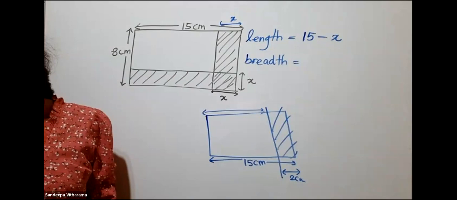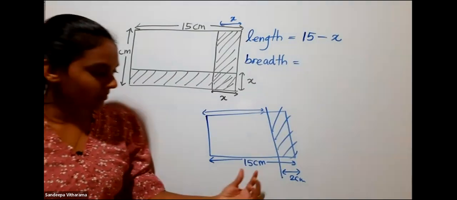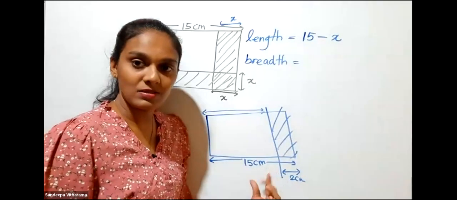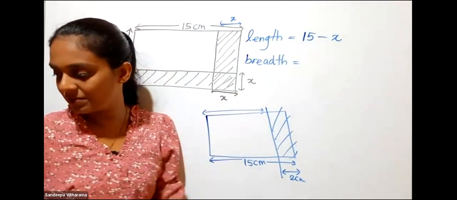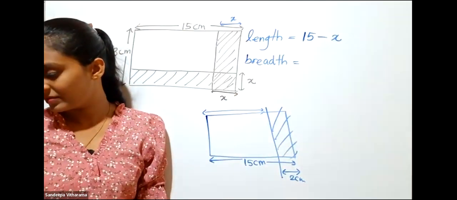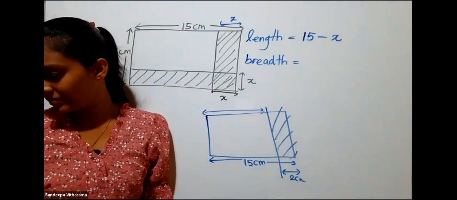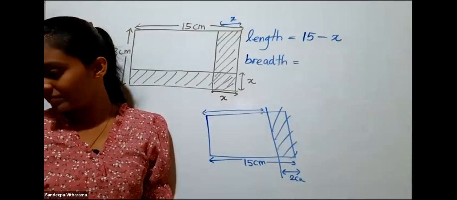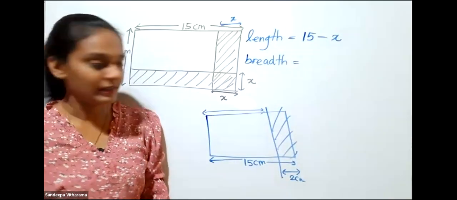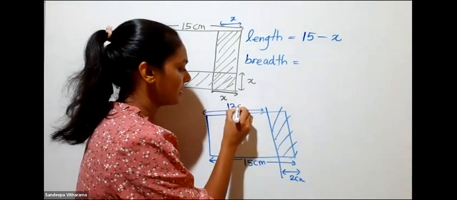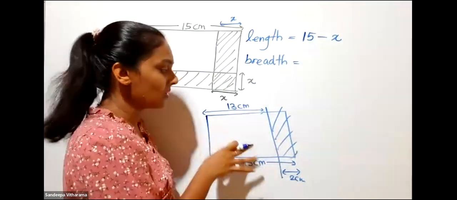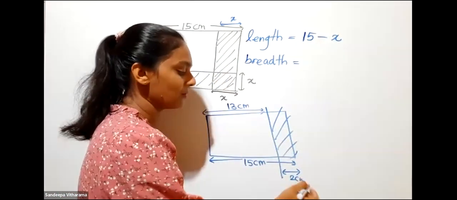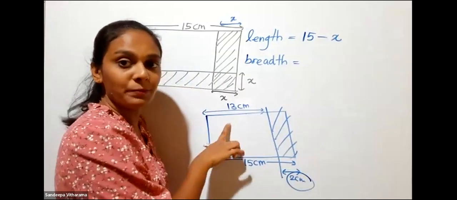When you remove 2 centimeters from 15 centimeters, what is the new one? It is 13 centimeters. You can obtain this answer because you know that this value is 2. How did you obtain 13?